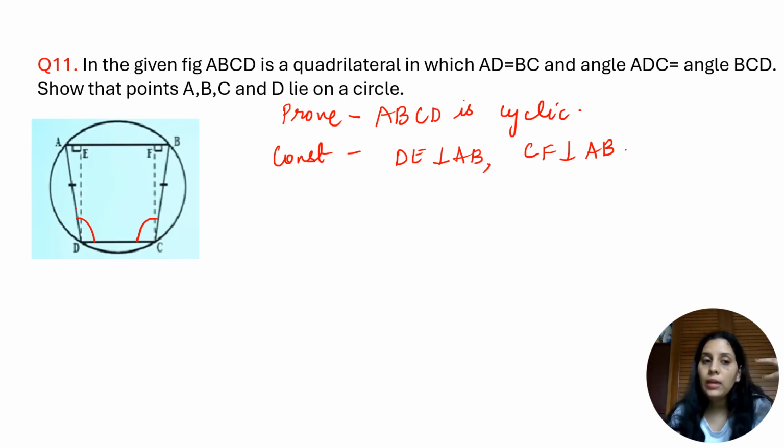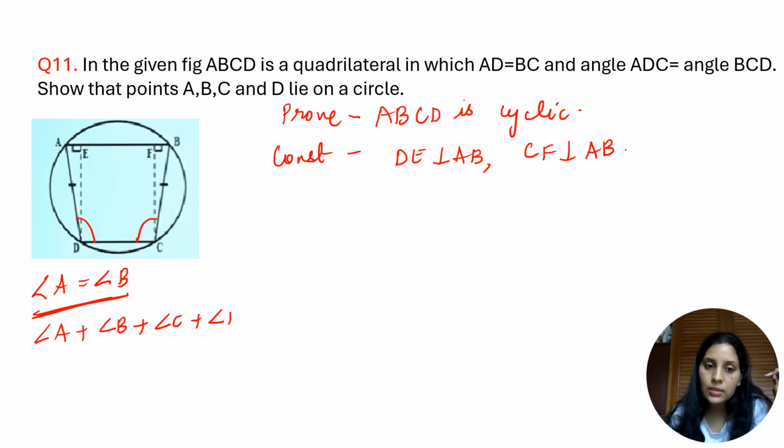So my main aim here is to prove angle A and angle B equal. I need to prove this. I'll tell you why. Because if I prove A and B equal, C and D are already equal given. As we know, in a quadrilateral, A plus B plus C plus D is 360, angle sum property.